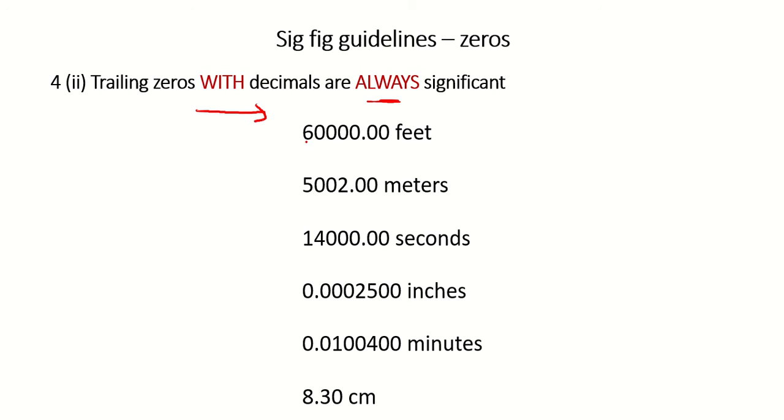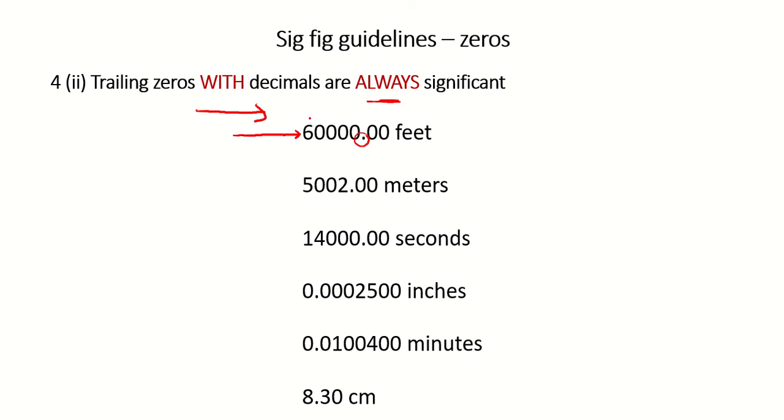Alright. The first number you see. Do you see a decimal point? Yes. You have your decimal point over here. So you're going to start drawing the arrow from left to right until you find the first non-zero digit. Did you find it? Yes. 6 is your first non-zero digit.